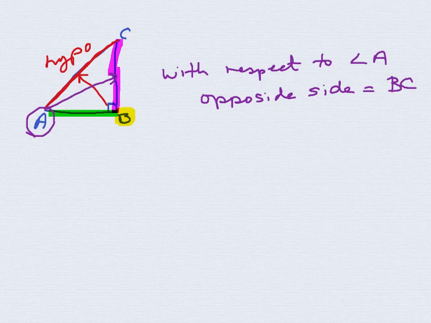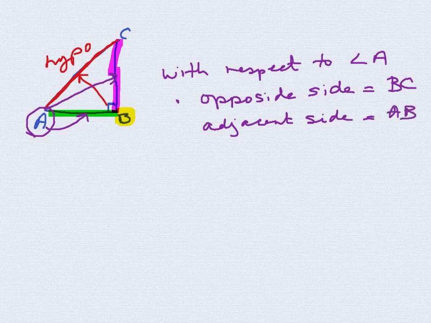Going back and standing again at A, with respect to angle A again, the side that's touching angle A, but not the hypotenuse, the leg that's touching angle A is called the adjacent. Adjacent means beside. So the adjacent side in this triangle is going to be AB.